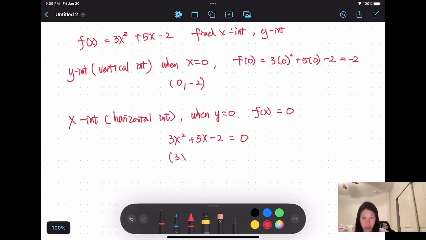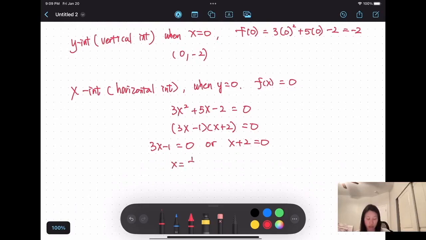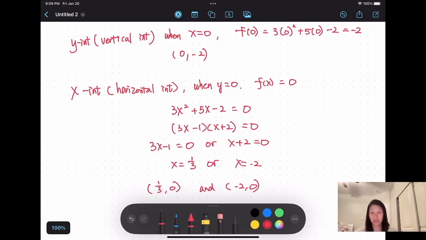So this is 3x minus 1 times x plus 2 when you factor the quadratic. Then you solve it: either 3x minus 1 equals 0 or x plus 2 equals 0. So x either equals 1/3 or x equals negative 2. That means our x-intercepts are (1/3, 0) and (negative 2, 0). That means there are going to be two x-intercepts.